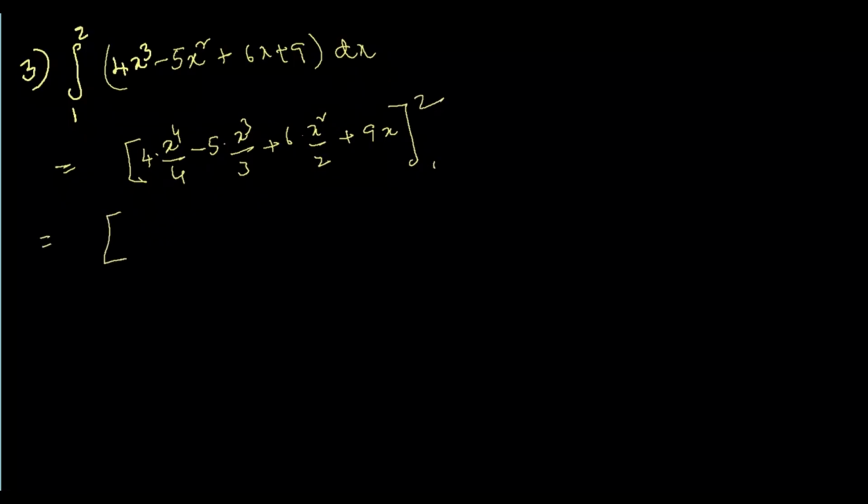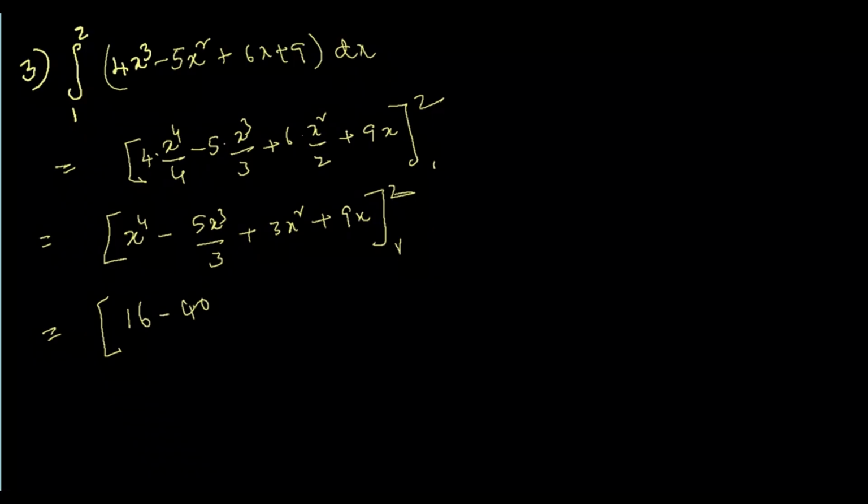This is x power 4 minus 5x cubed by 3 plus 3x squared plus 9x, from 1 to 2. X power 4, if you put 2, you get 16 minus 40 by 3 plus 12 plus 18. This is the upper limit.